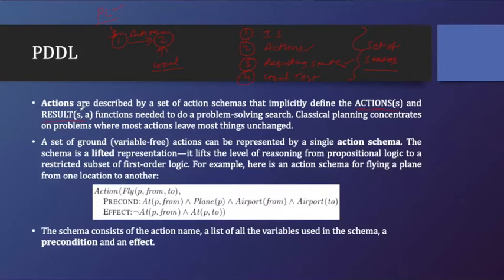We apply the result in a state, let's say S, and we apply the action A on it, and this result will give me another state. So if I am in S and I apply action A, I'll reach another state, S dash. This is how the result will be.